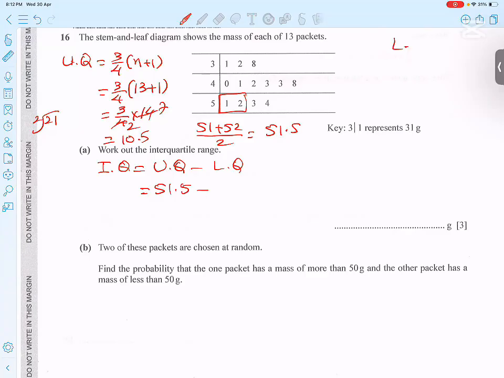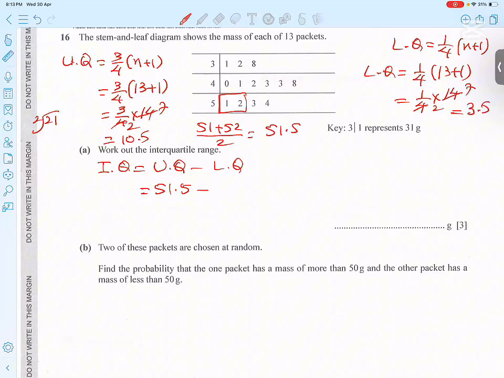Now let's talk about the lower quartile. The formula is 1/4 of (n plus 1). N is 13, so I got 14. So it becomes 1/4 into 14. So 2 twos are 4, 7 twos are 14. So 3.5. 3.5 is basically the average of the third and fourth terms. 1, 2, 3, 4.